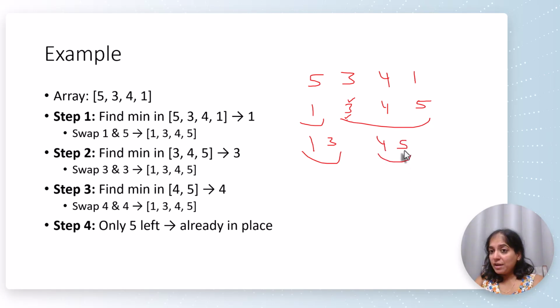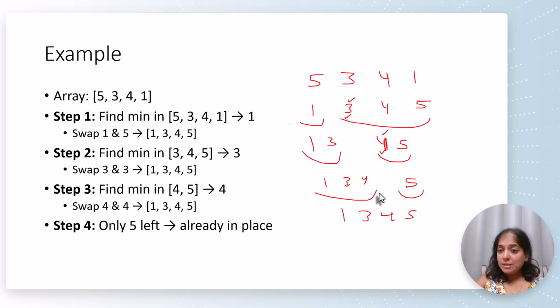Again from 4 and 5 find out the minimum element, which is 4. Swap it with the first element of the unsorted array, which means it will be swapped with itself. So 1, 3, 4 becomes the sorted array and 5 becomes the unsorted. Now since it is a single element, the process ends. So your sorted array becomes 1, 3, 4, 5.